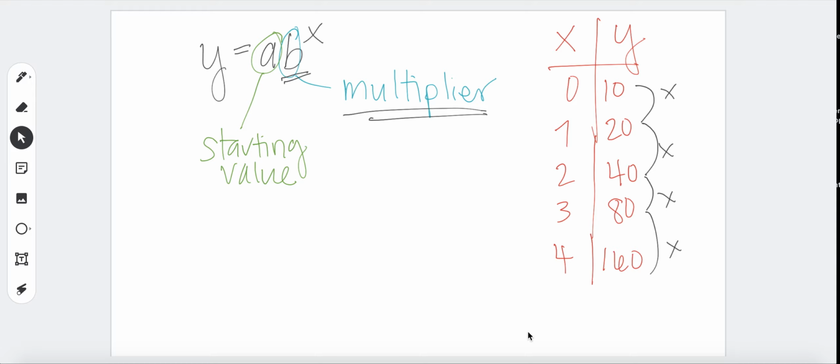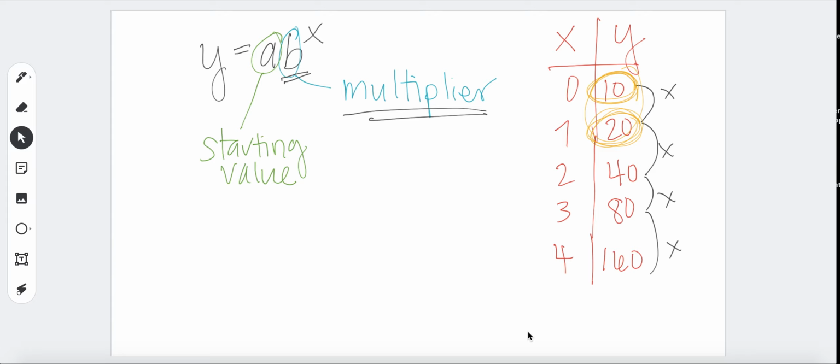It's easy to see what we're multiplying by in the table, but let's say that we didn't know, okay? So the way you would find out is you would take the second y value. You get two of them that are next to each other. So let's get 10 and 20 because they're the smallest ones. You get the second value, that would be 20, and put it over 10.